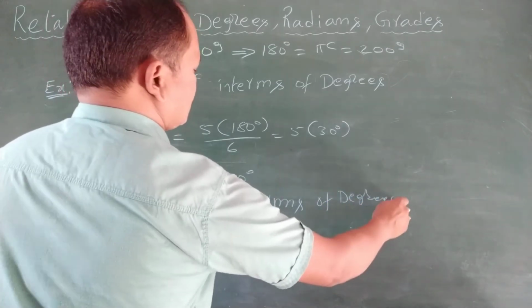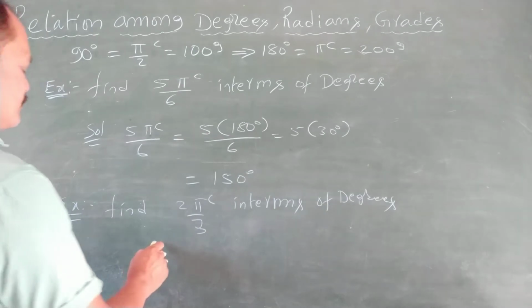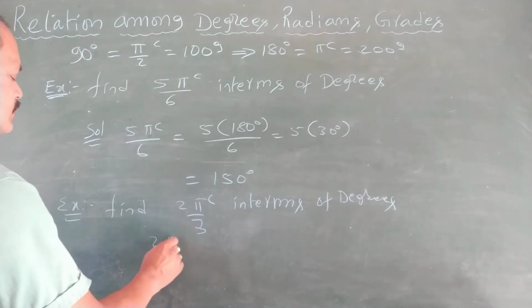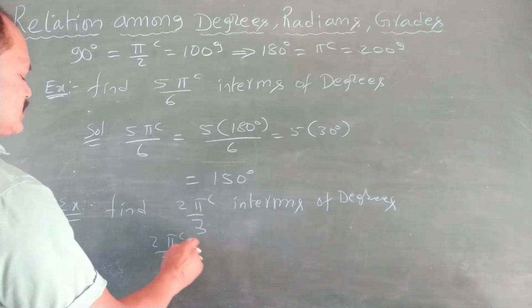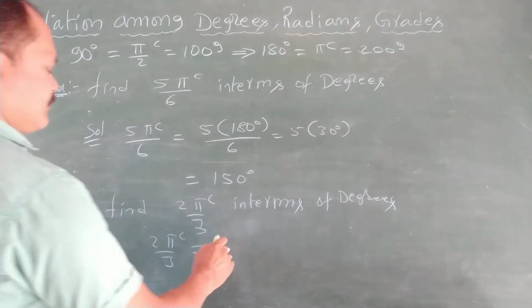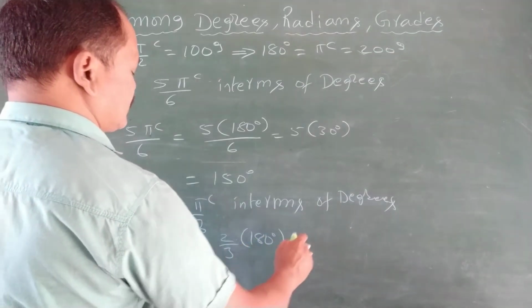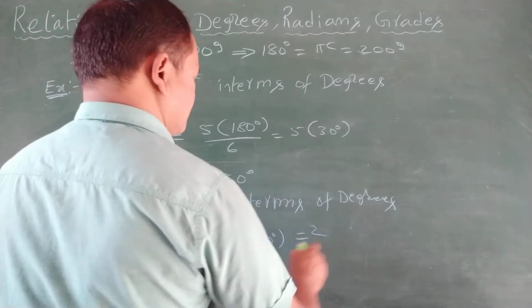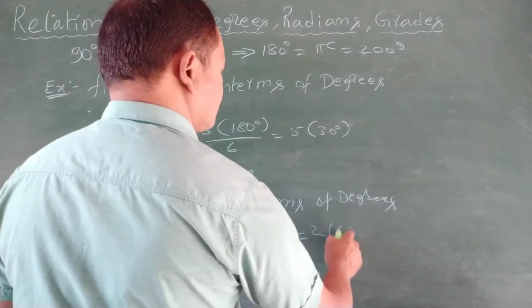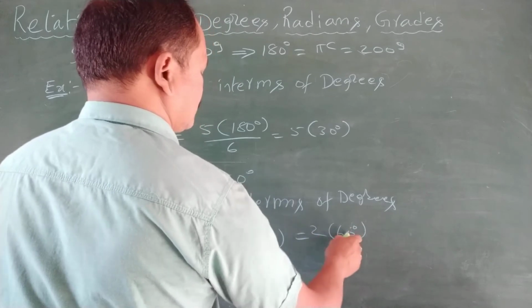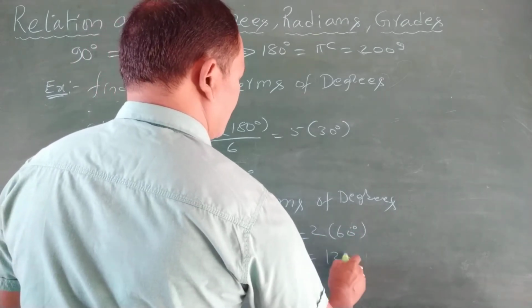In place of pi radians we have to write 180 degrees. That's why 2 times 180 by 3, 3 60s cancel. That's why 2 into 60 is 120 degrees.